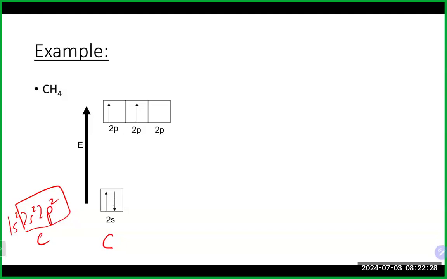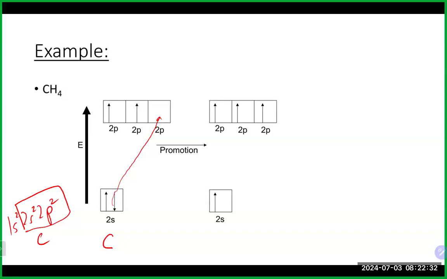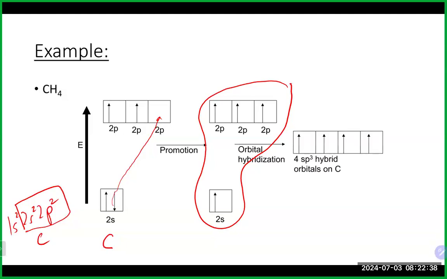In this case, this lower electron is going to get promoted up, and that's going to allow the hybridization of everybody here. That's going to give us four equivalent carbon hybrid orbitals. Each of these can bond with the 1s orbital in hydrogen.